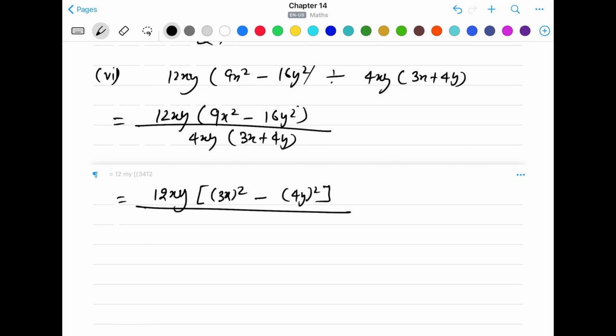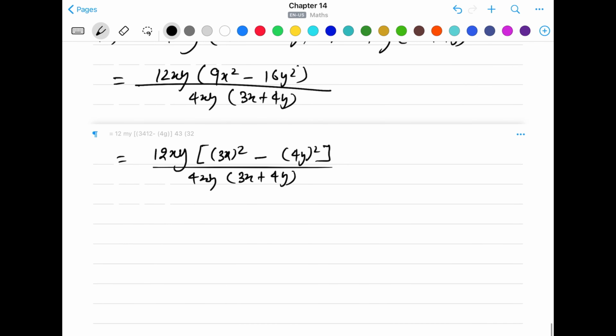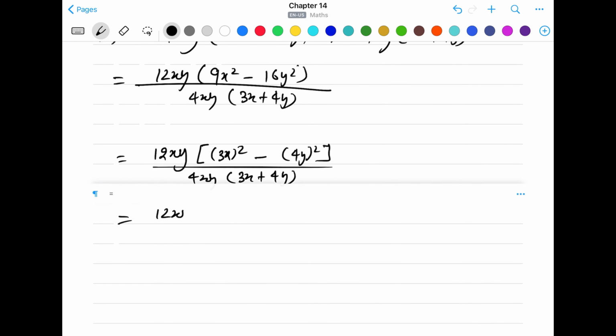In division we have 4xy into 3x plus 4y. Now we can write this term using the identity a square minus b square, so this will be 12xy into 3x plus 4y and 3x minus 4y, which is to be divided by 4xy into 3x plus 4y.